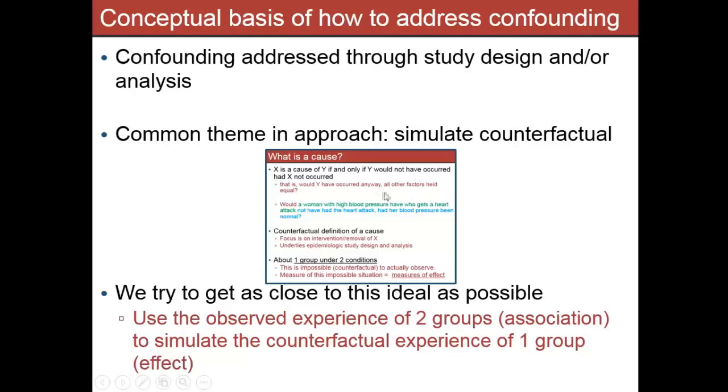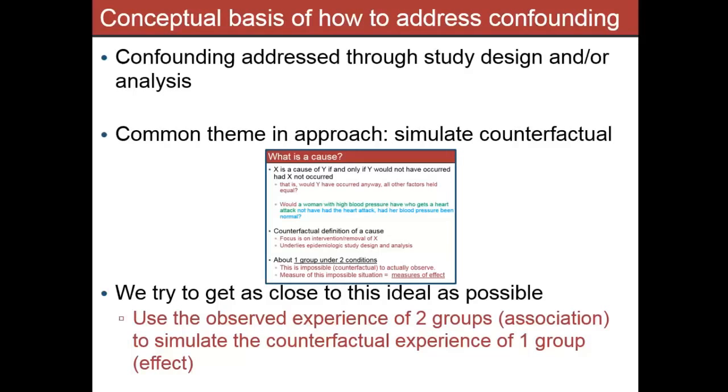Well, this all other factors held equal thing is what we're doing when we address confounding. We're trying to create this scenario where the exposed and the unexposed are artificially held the same on all other factors, so that the only thing that's different between the exposed and the unexposed is the exposure.